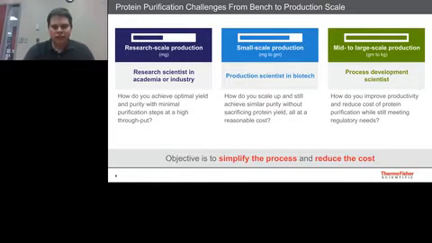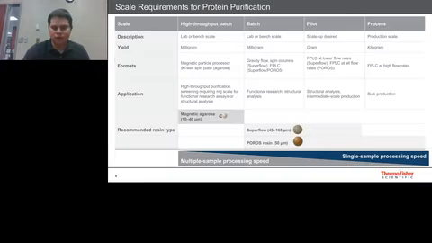These challenges all require simplifying the process and reducing costs. Choosing the right protein purification resin will help make the process effective and efficient. So there are different base supports for chromatography and protein purification, and each one is catered to a specific application.